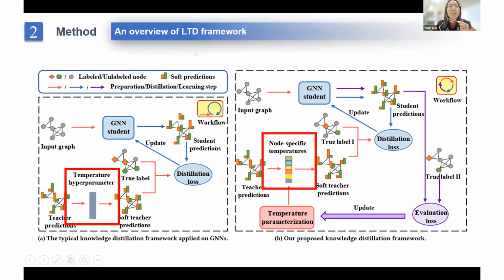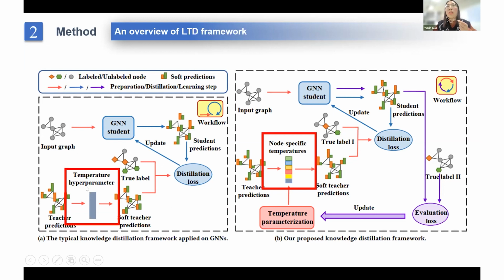This is an overview of our proposed framework. We aim to propose a general knowledge distillation framework that can be applied on any pre-trained GNN model to further improve their performance. We focus on the distillation process rather than the choice of student and teacher models, and thus we simply let a student model have the same neural architecture as its teacher, as suggested in previous works.